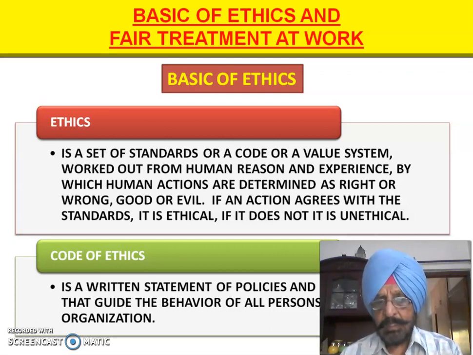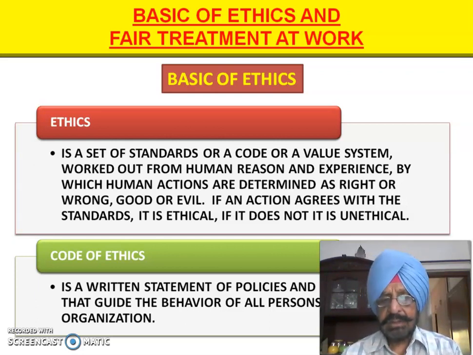For example, in our case, the students should come in proper uniform, be properly dressed, and come on time. It is written down that from so and so time to so and so time, students are required to come in uniform, etc. That is the code of ethics. Similar examples are not shouting in the class and behaving properly with colleagues; these are kinds of code of ethics written down.